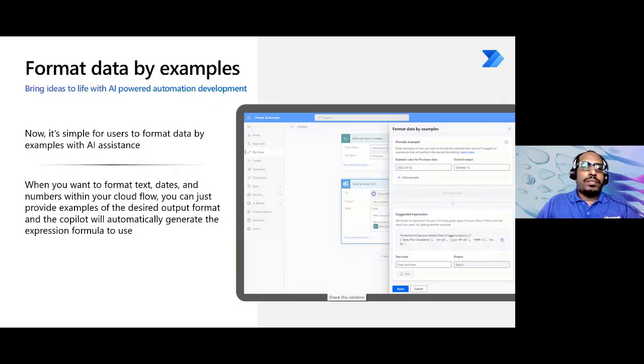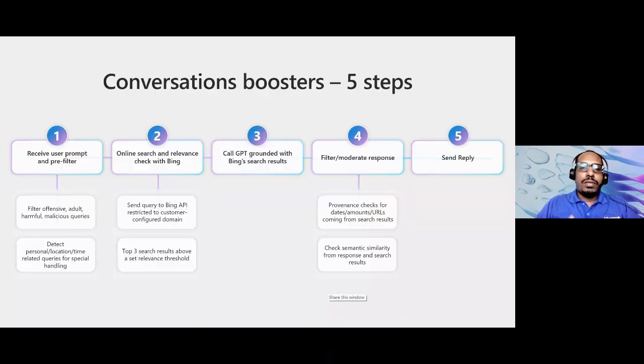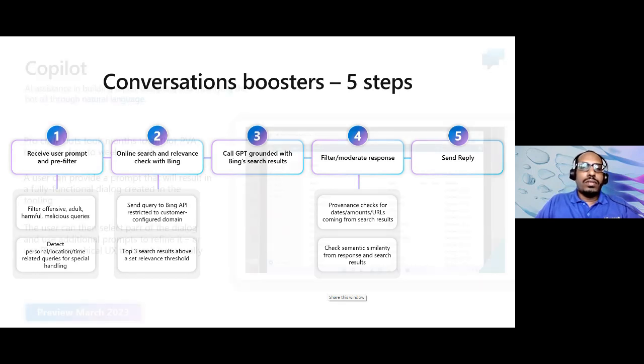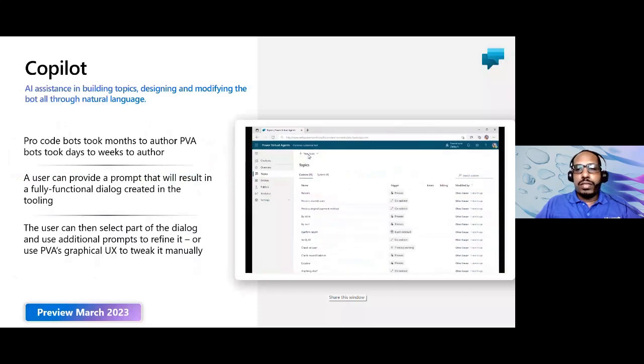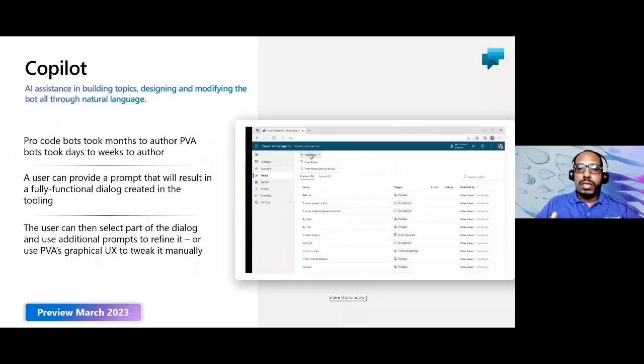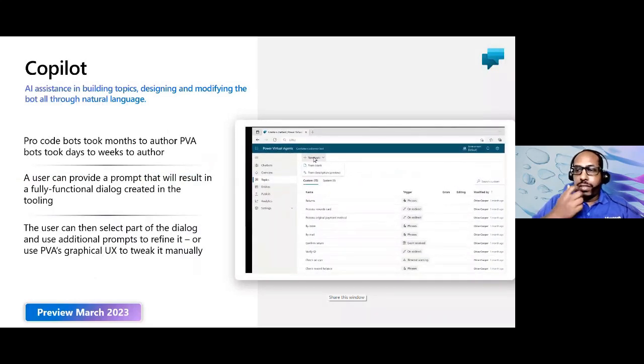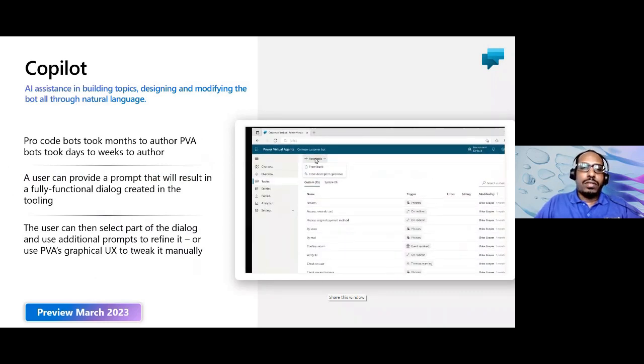With Power Virtual Agents, we can build a conversation bot within 5 steps using Copilot and the GPT model, and it's also available under the Azure services, right? You can also create topics using a description with the Copilot feature as well, right?